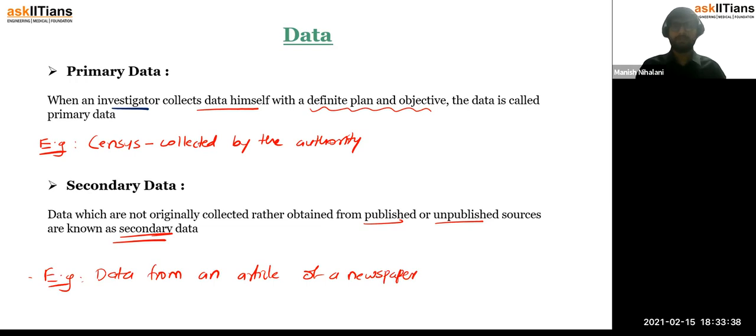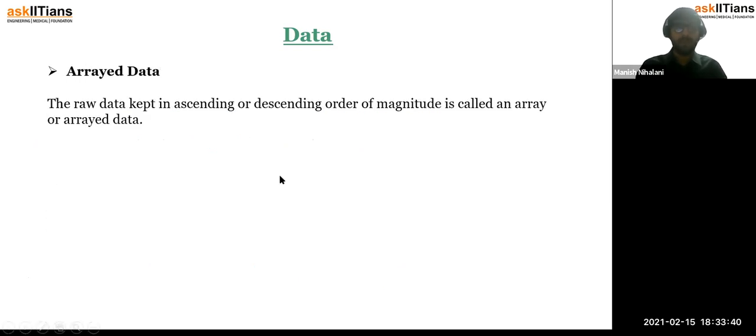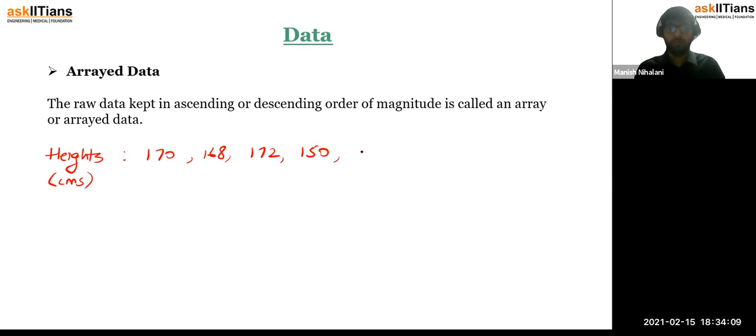So let's now talk about arrayed data. The raw data which is kept in ascending or descending order of magnitude is called arrayed data. For example, you were observing the heights of a group of people in a locality, right? So you were observing heights in centimeters, and you got the heights as 170 centimeters, 168, 172, 150, and 157.